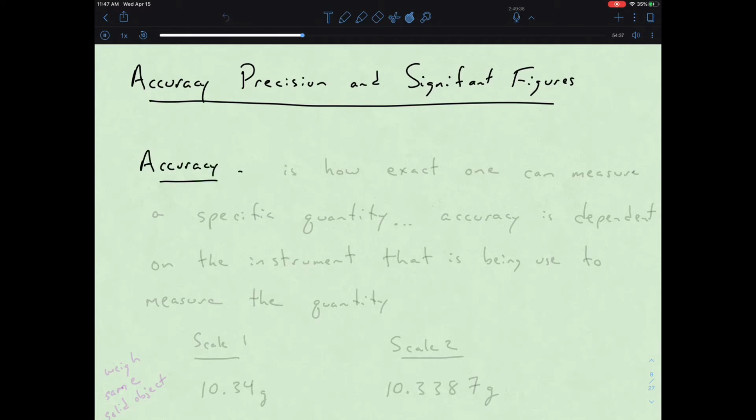And accuracy is basically how exact one can measure a specific quantity.